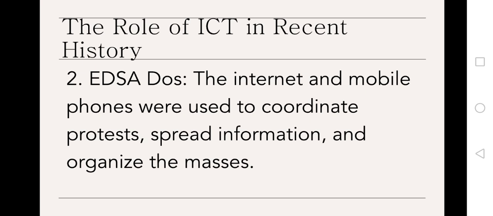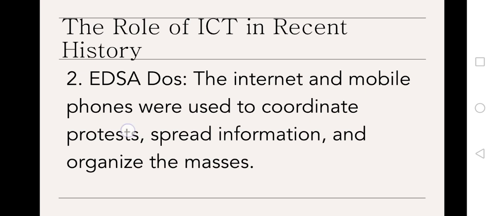The internet and mobile phones were used to coordinate protests, spread information, and organize the masses. So somehow, they used ICT to encourage people. However, whereas in People Power it was through radio broadcast only, here in EDSA DOS they used the internet and mobile phones to encourage people to join EDSA DOS.